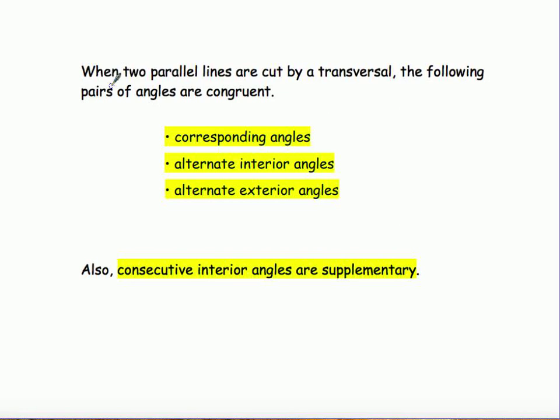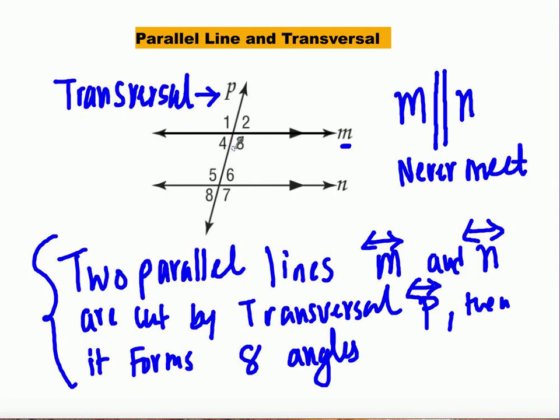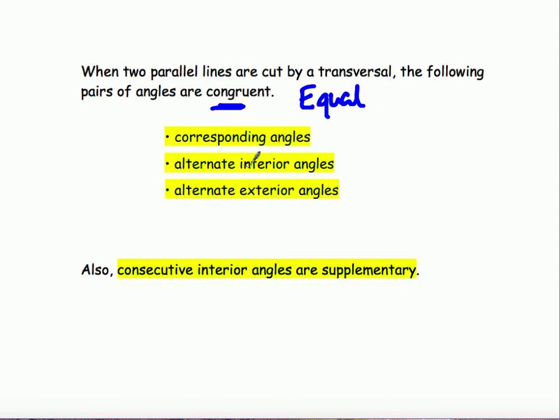So here's the thing. When we have two parallel lines cut by a transversal, the following pairs of angles are congruent. Congruent means equal, right? Going back to this slide, when we have this transversal and the parallel lines, angles 1, 2, 3, 4, 5, 6, 7, 8 are formed, and there is some relationship. They have pairs of angles that are congruent.